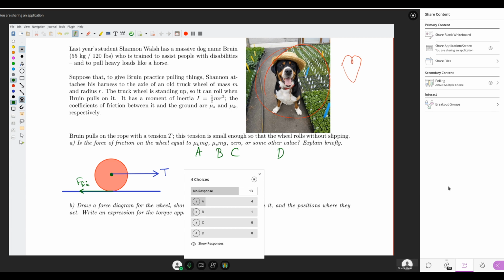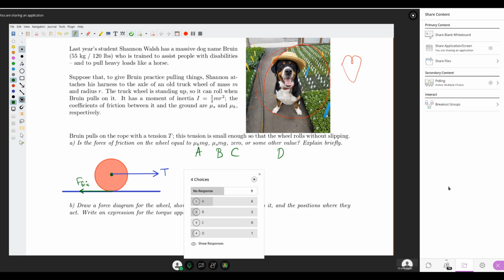I should probably say something so the people watching on YouTube are not completely bored. So here we have to decide whether it is static or kinetic friction, right? Choice A is kinetic friction, choice B is static friction. Choice C says there's no friction at all.